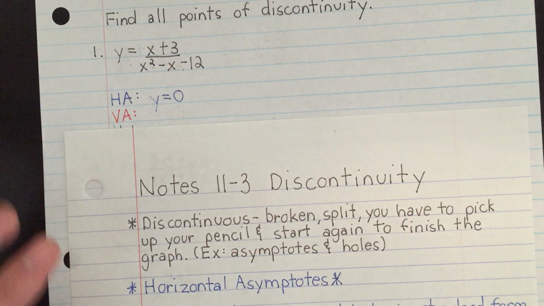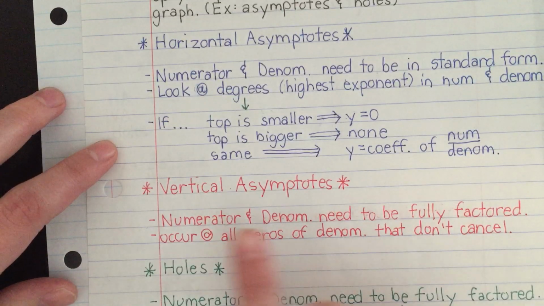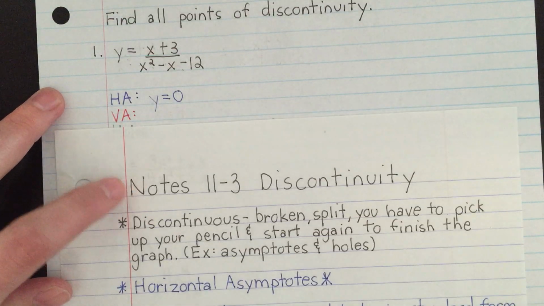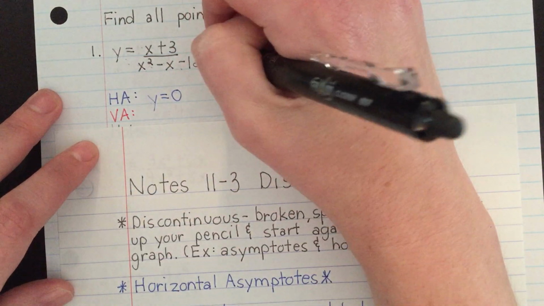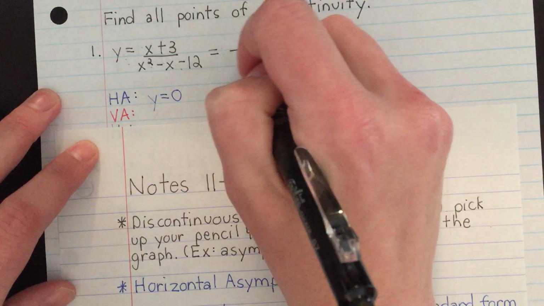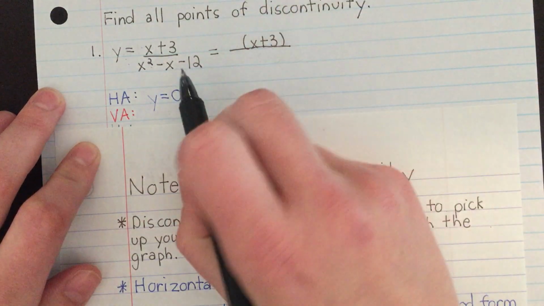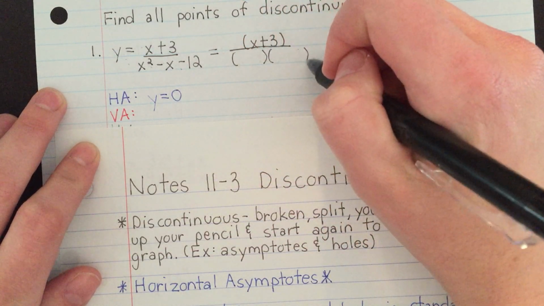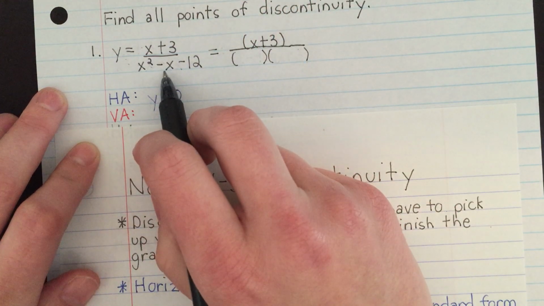For my vertical asymptote, I need to have both numerator and denominator fully factored. For this one, the top is already factored, x plus 3, can't do anything more with that. In the bottom, I would be looking for numbers that multiply to negative 12, but add to negative 1.